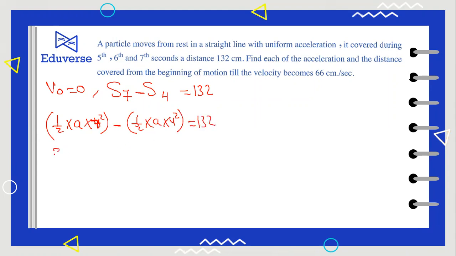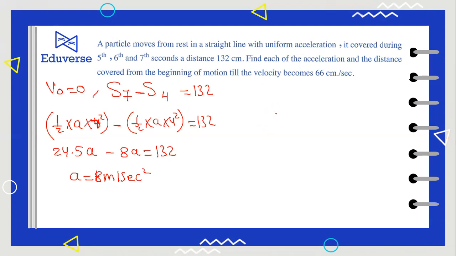Half of 7 squared is 24.5A, minus half of 4 squared, which is 8A, equals 132. Then I can find the value of A, it will be 8 meters per second squared.